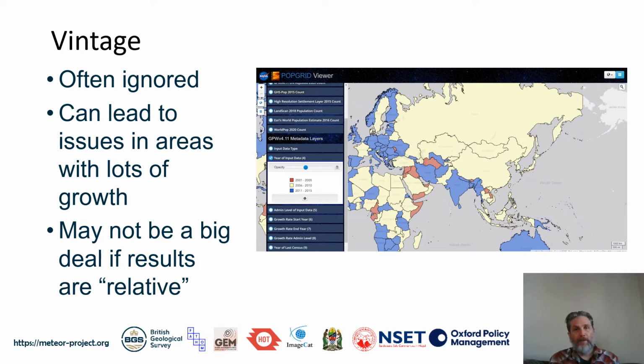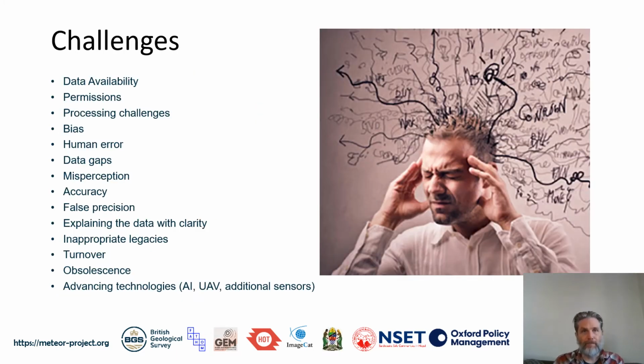It may not be a big deal if you're looking at countries where there hasn't been a significant amount of development. But generally, if you're trying to use the numbers that come out of here at face value, you want to at least scale based on estimated population statistics, which can be obtained from groups like the UN, or you can even find things on Wikipedia.